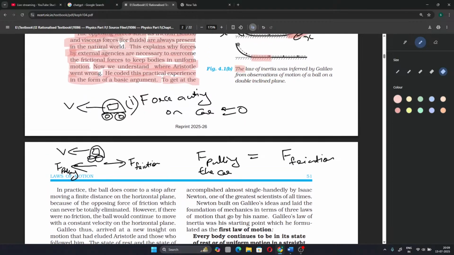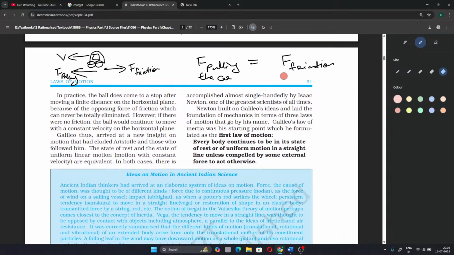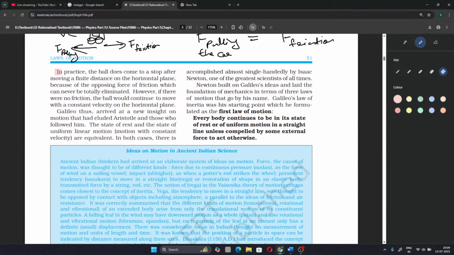The law of inertia was inferred by Galileo from observation of the motion of a ball on a double inclined plane. But in practice, in the real world, the ball does come to a stop after moving a finite distance on the horizontal plane, because of the opposing force of friction, which can never be totally eliminated.